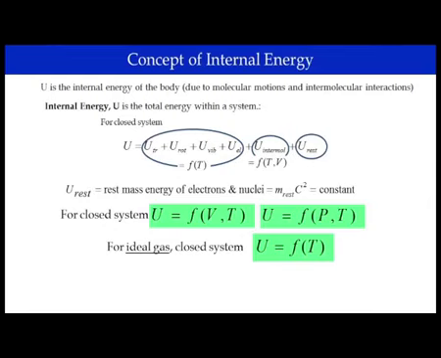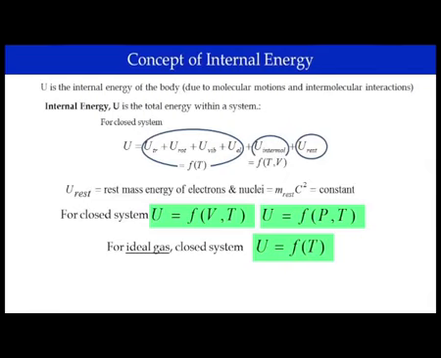So, we can write for a closed system, internal energy can be represented as a function of volume and temperature, or a function of pressure and temperature. Now, if we consider an ideal gas or a perfect gas, then you know that there are no intermolecular interactions between molecules. Then this term will be 0.